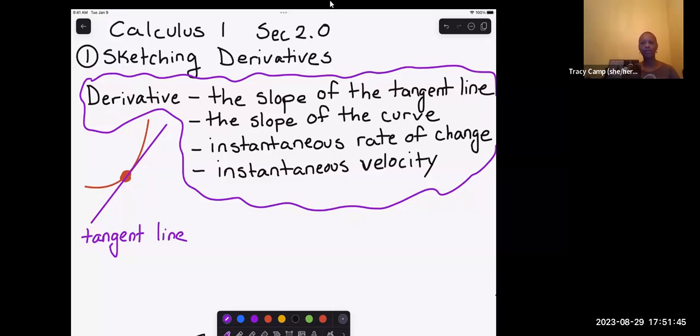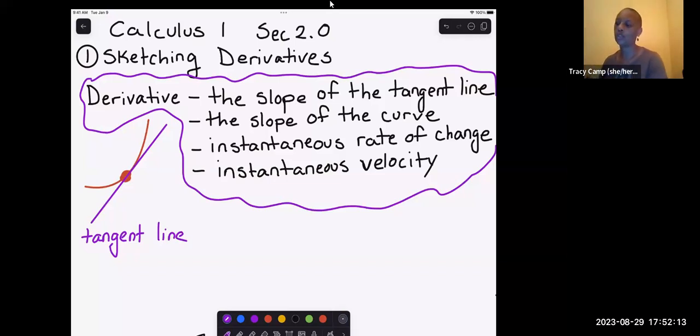Throughout chapter 2, we're going to be learning rules for finding derivatives of various functions, and to get an intuitive idea of why these rules are true, it's helpful to be able to sketch a derivative of a function if you have the graph of the function. So that's what this section's about.